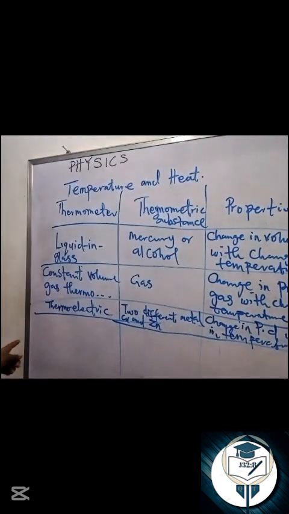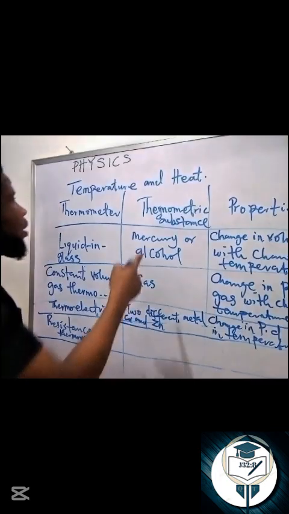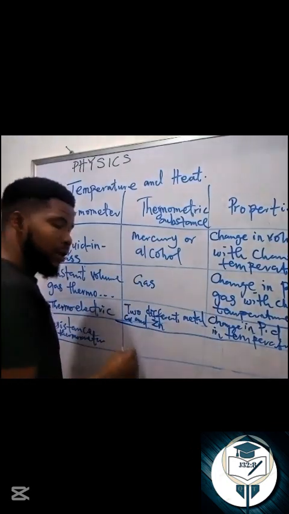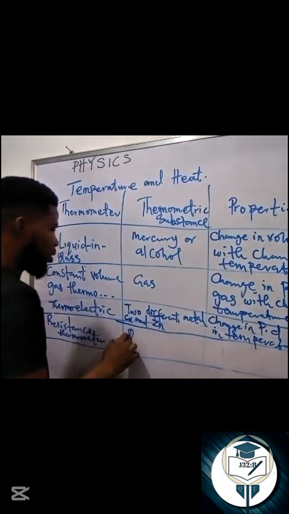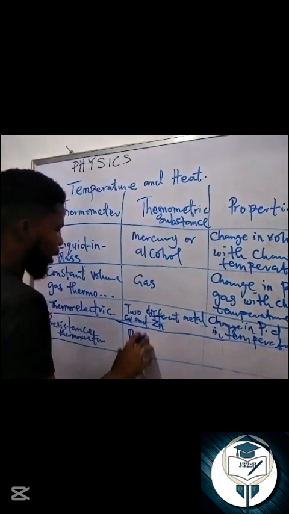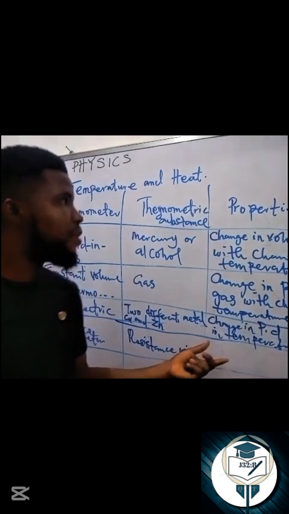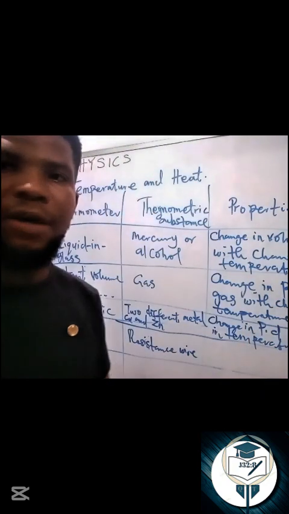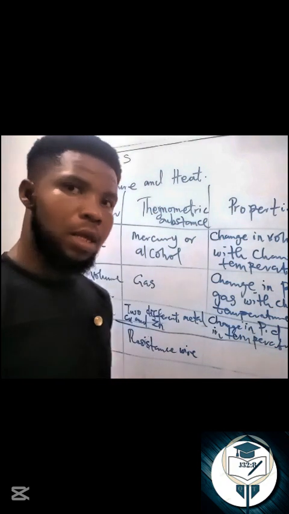The next one is the resistance thermometer. The thermometric substance is resistance wire, like your constantan wire and so on. The property is that resistance changes with change in temperature.